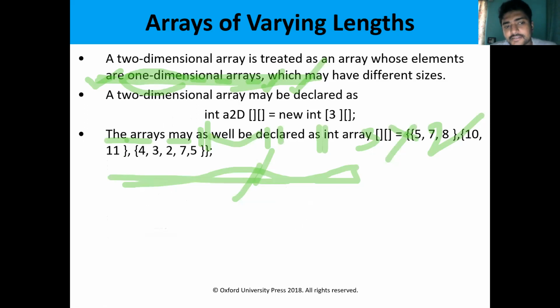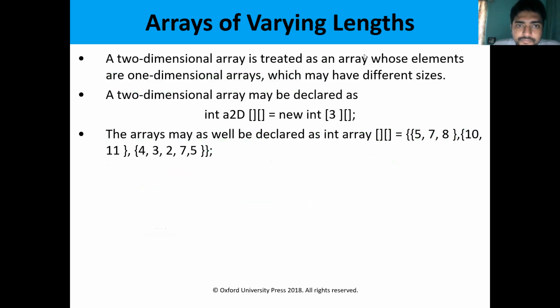Arrays of varying lengths. That means we can vary the array length by using this syntax. Here we are giving the row size, but we are not giving the column size. The column size is kept empty.